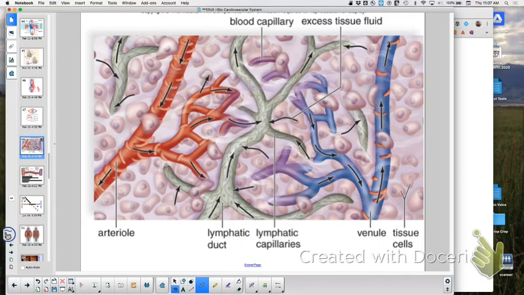What is this thing in the middle? Perfect. It's a capillary bed. What did we say happens at all capillary beds? Exchange. That's the part I want to teach you right now.